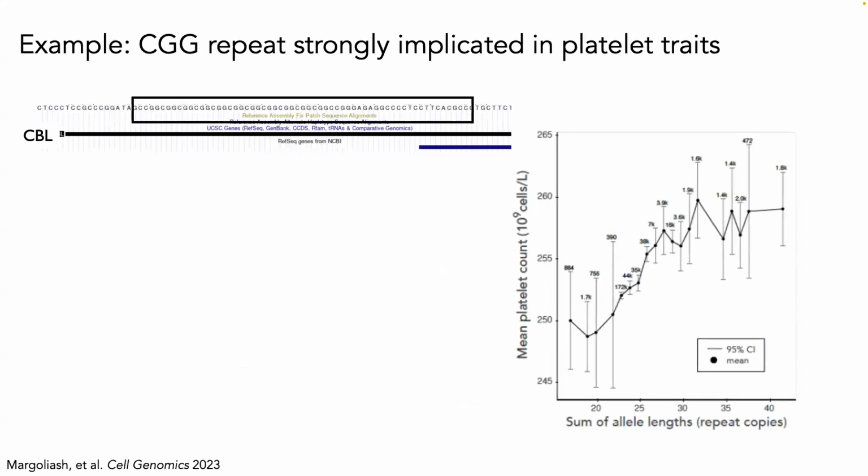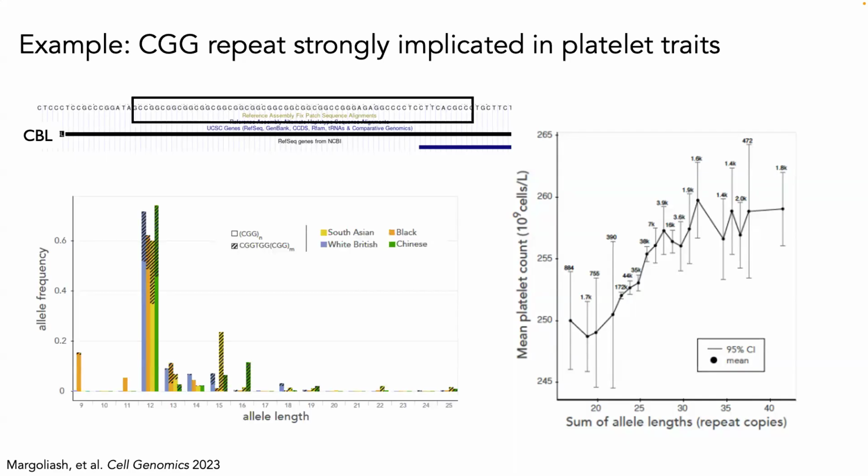I'll show two examples. Going back to that CBL example, the CGG repeat associated with different platelet traits. If we look at the distribution of the copy number of this repeat across the different ancestries present in UK Biobank, there are some pretty notable differences. I just want to point out that the Black or African samples are in orange.